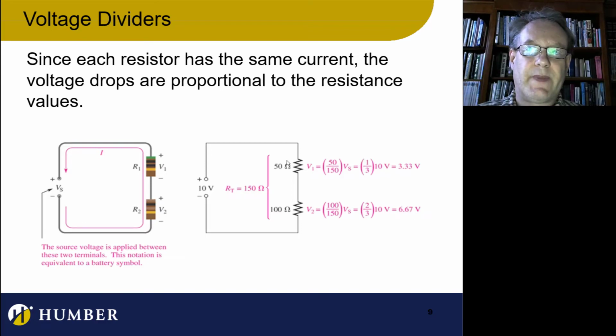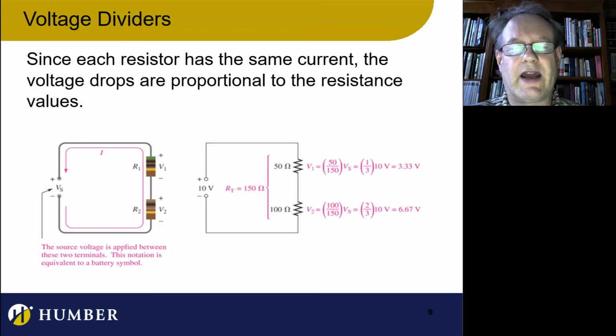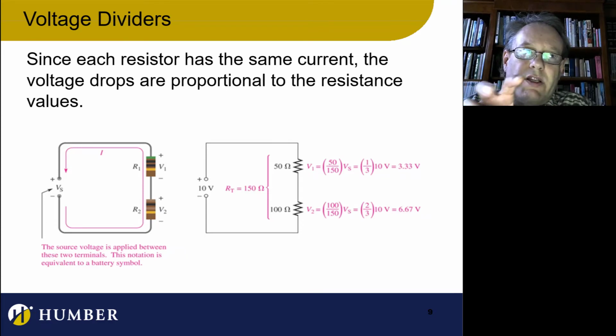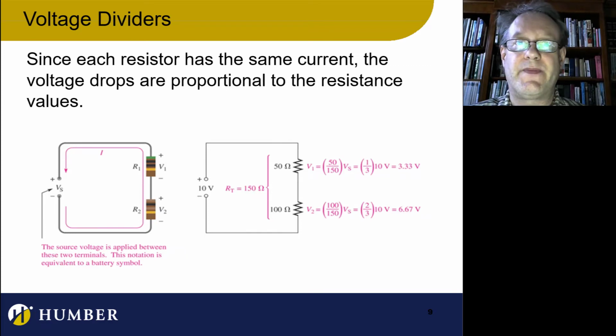So essentially, the 50 and the 100 together is 3 times the 50. So the 50 steals 1/3 and the 100 steals 2/3. So you take that ratio, you multiply it by the source voltage, and you have how much voltage that thing steals, or more specifically, how it divides the voltage.